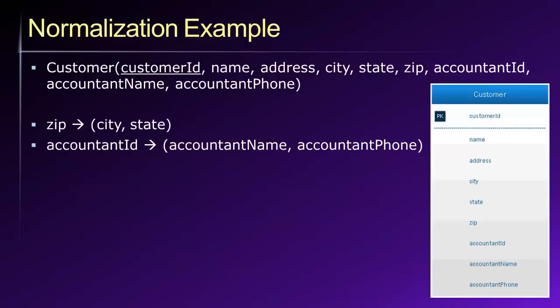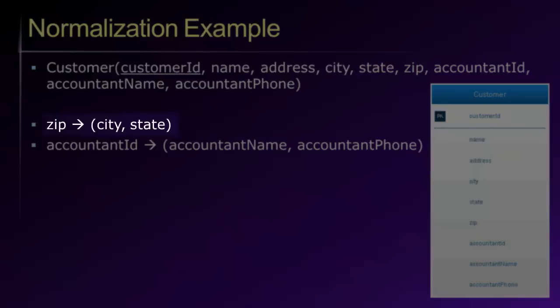Specifically, consider that if we know a zip code or a postal code, then by definition we also know the city and state. That is to say, if I know a zip code, I can determine the city and state to which that zip code applies.